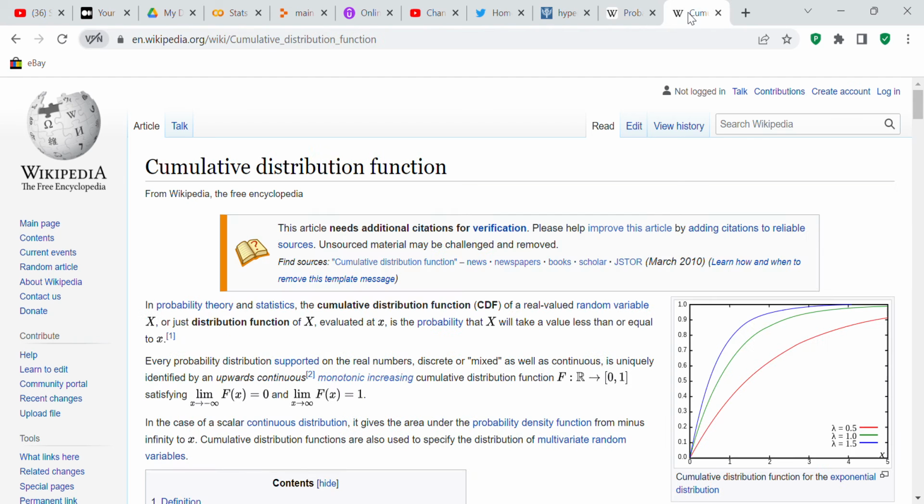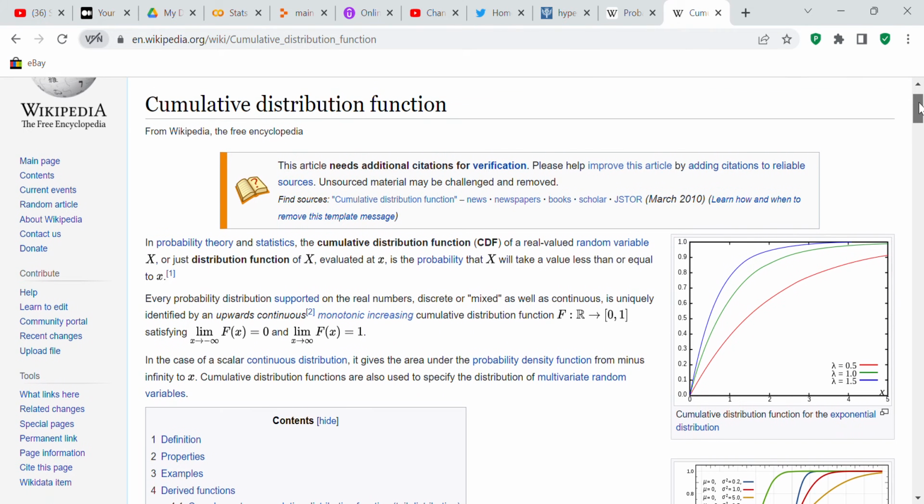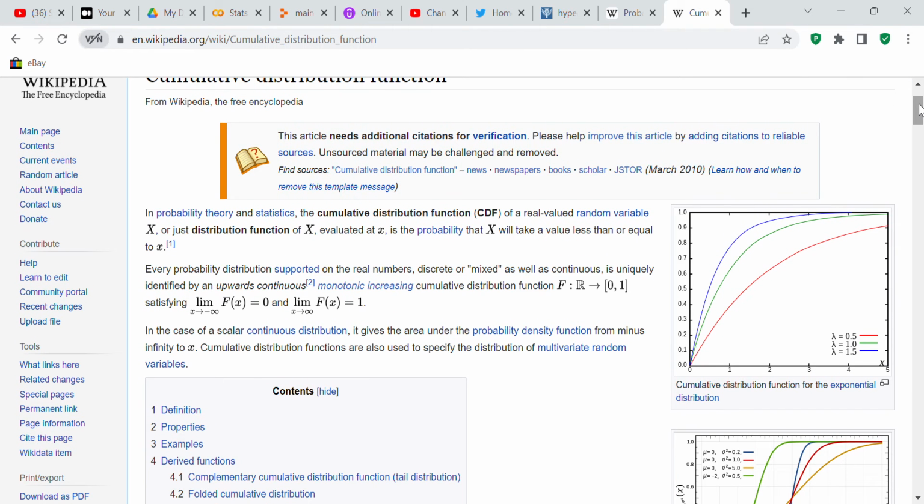And the next thing we're going to be talking about is the cumulative distribution function. It says in probability theory and statistics, the cumulative distribution function of a real-valued random variable X, or just distribution function of X, evaluated at x, is the probability that X will take a value less than or equal to x.